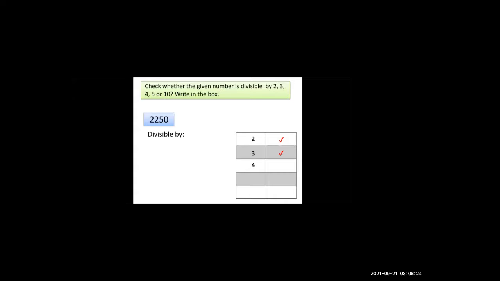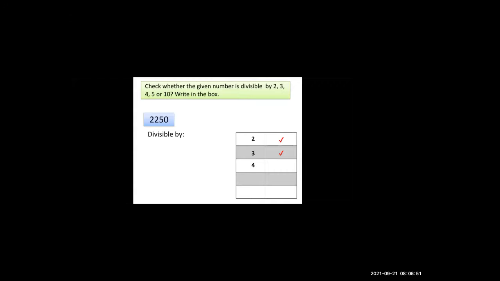Just see the last two digits of this number, that is the tens and the units. Does 50 come in the table of 4? Just check this. All of you, check the last two digits of this number. 50. Does 50 come in the table of 4?